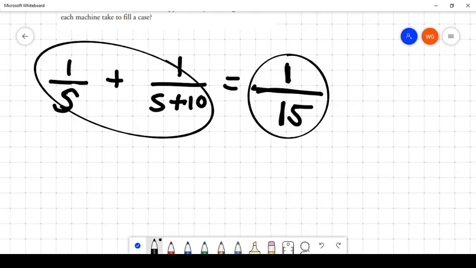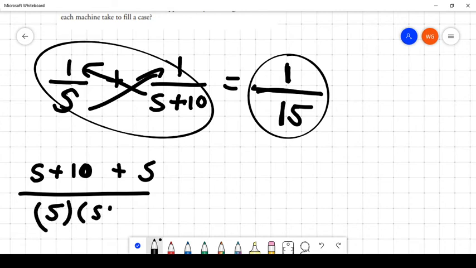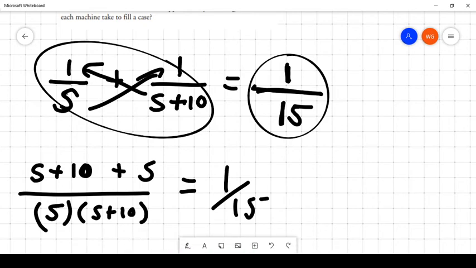So that's what we'll do. And I can do that pretty easily just by going like this. I can just cross multiply them, and I can say S plus 10 times 1, plus S times 1, which is S, all over my common denominator of S times S plus 10 is equal to 1/15.